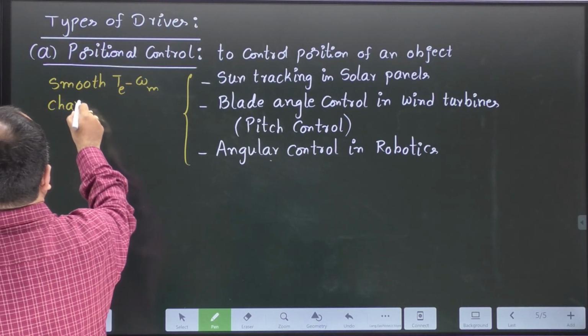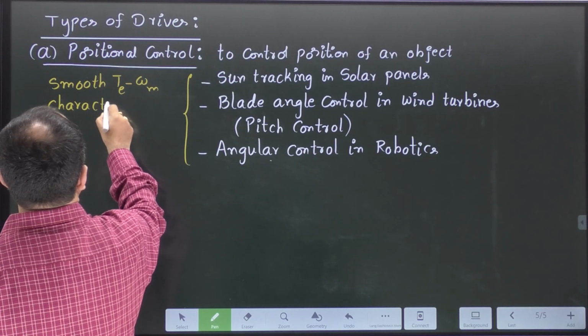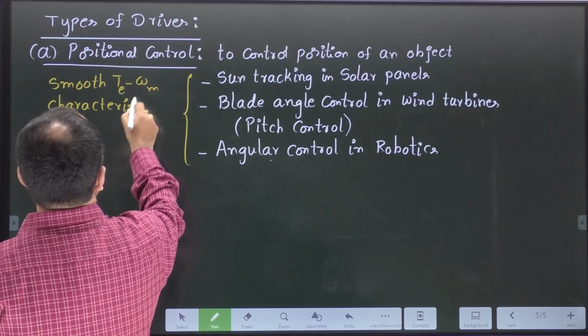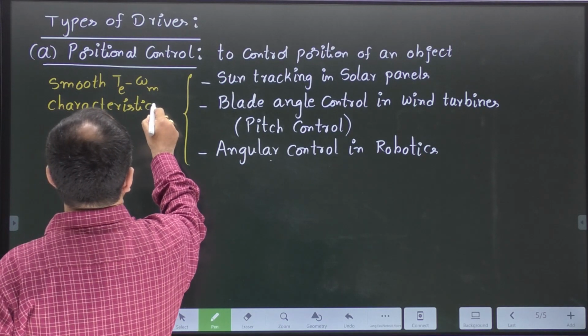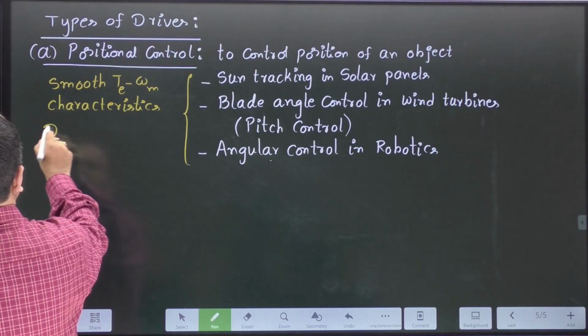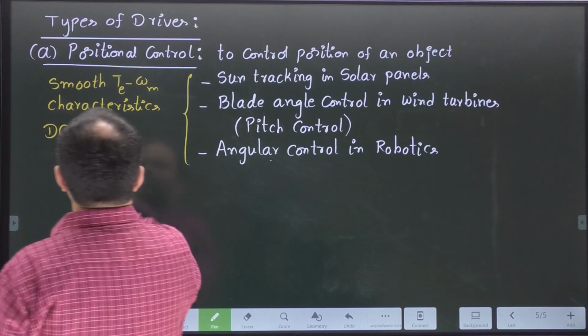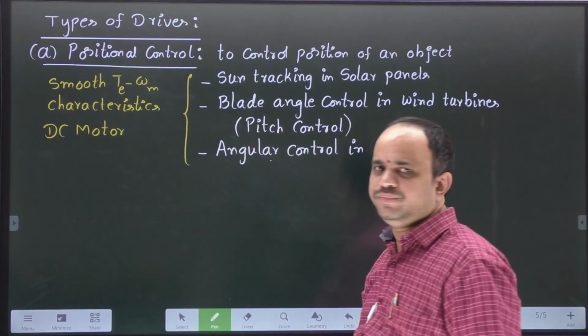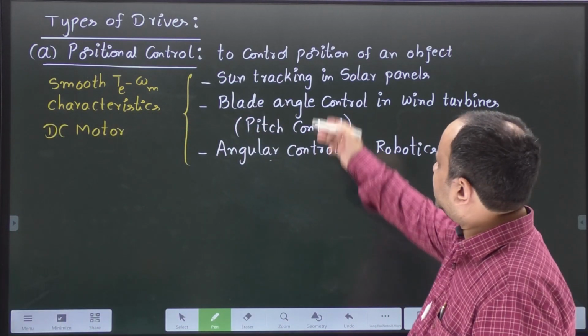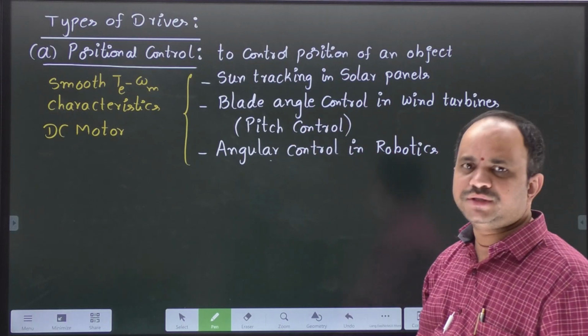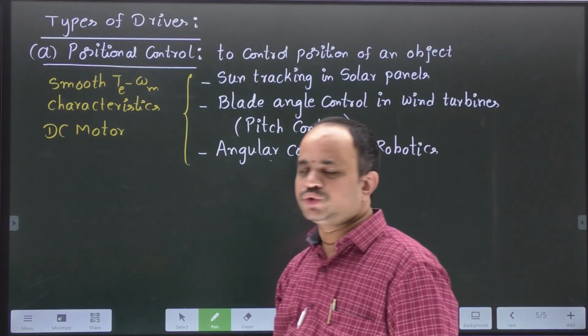A DC motor is the best example for this characteristic. Therefore, in all of these applications, DC motors are best suitable.